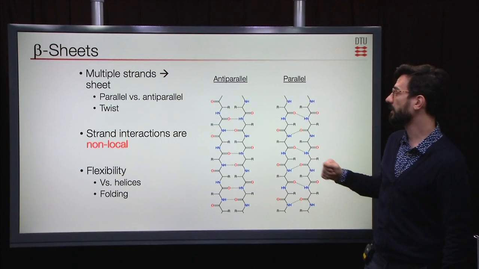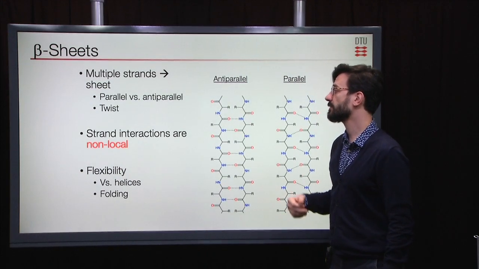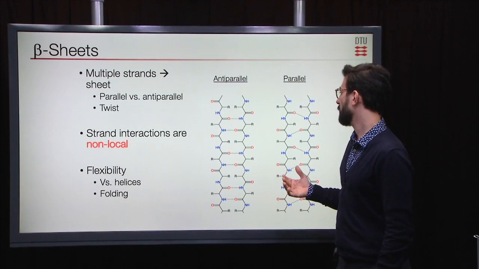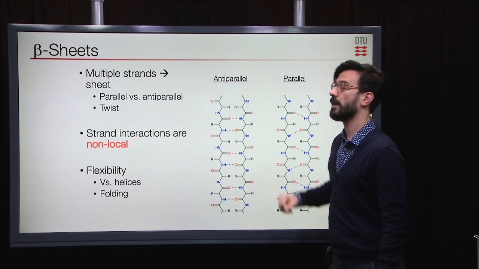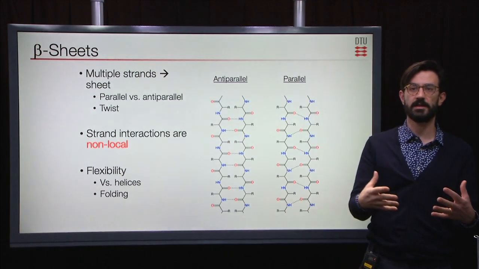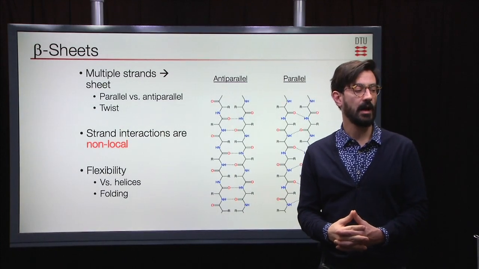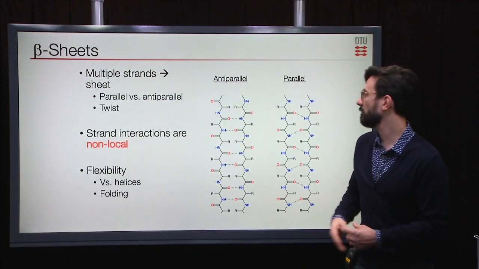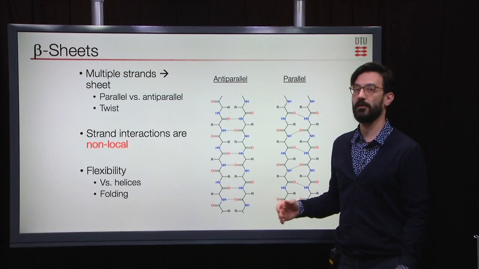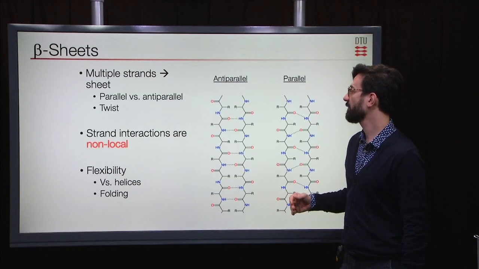Also, we can clearly see here that strand interactions are non-local. So even though locally this oxygen and this nitrogen are nearby in the structure, they can be as far away in the sequence as possible. So they can have any number of amino acids between them.